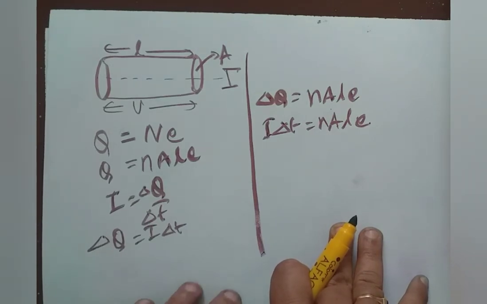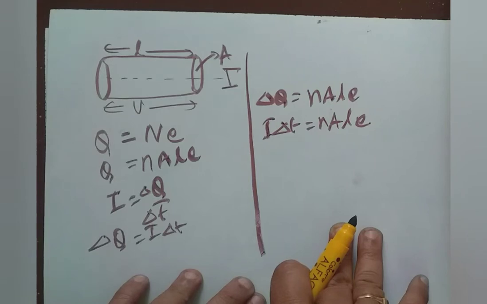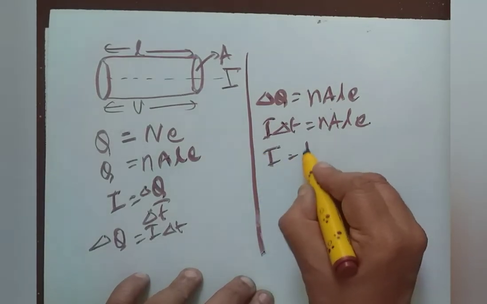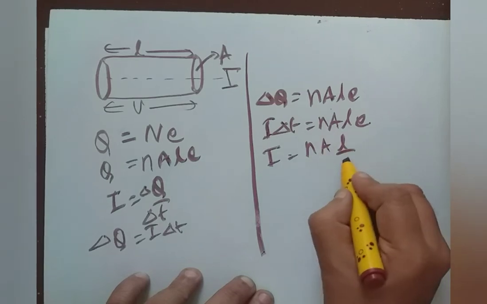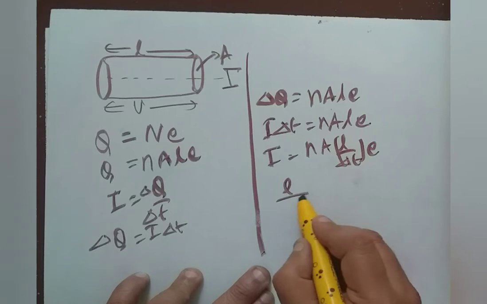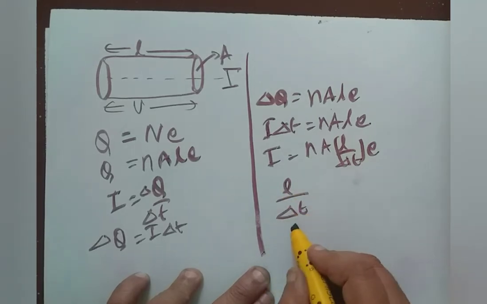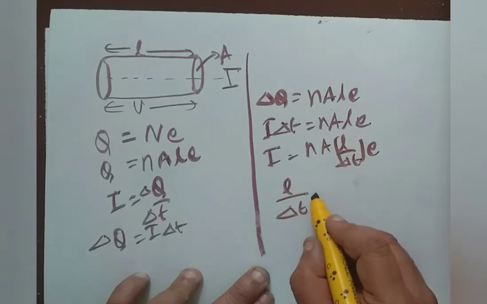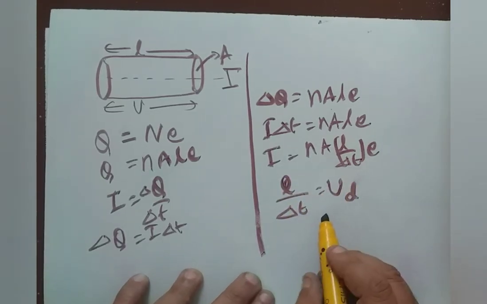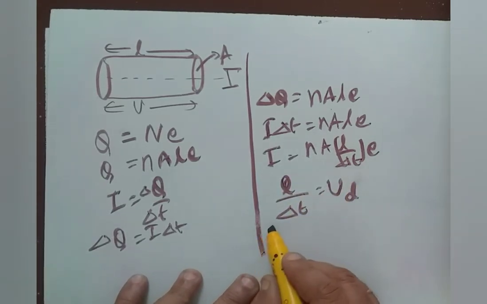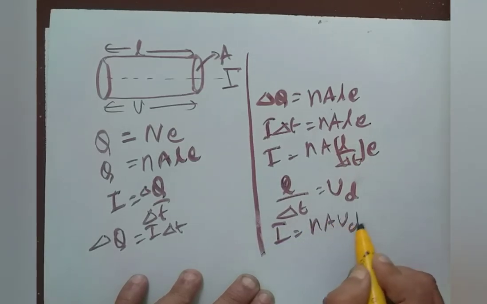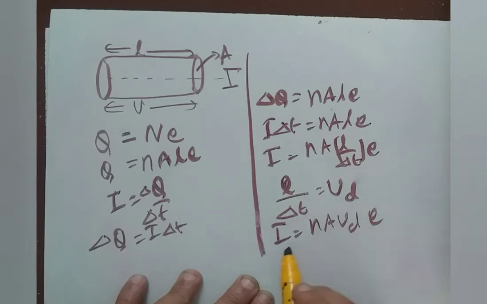Now, with this, we want to go for the next idea. Say I is equal to N A L by delta T into e, but L, the net distance traveled in the given time delta T, can be written as the drift velocity Vd. Therefore, we can simply write I equals N A Vd into e, the drift velocity.